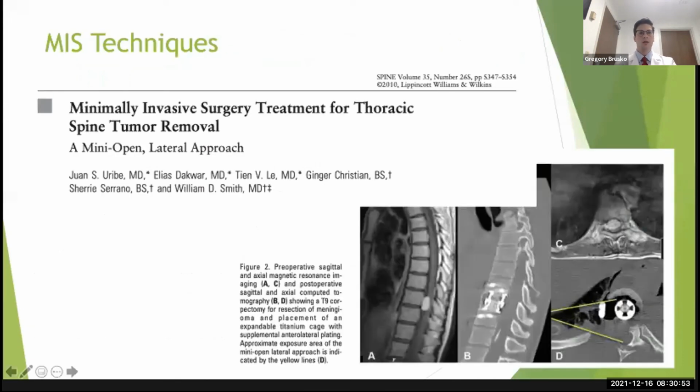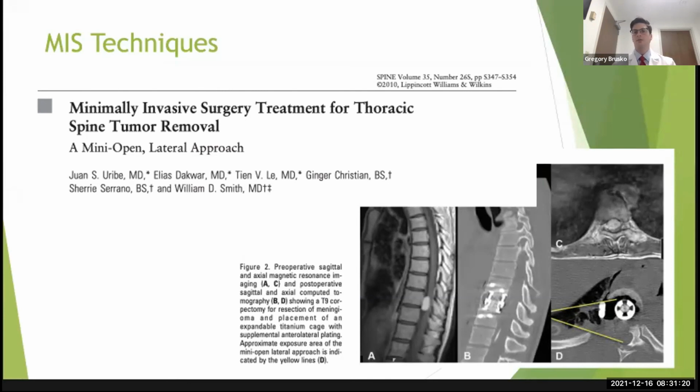And then there are more surgical techniques that have been developed, including minimally invasive surgery. It's become obviously very popular within spine surgery as a whole, and this has translated to the spinal oncology realm. Dr. Uribe has previously published a case series of thoracic spinal cord tumor removals using a single position, mini-open lateral approach, and stabilized the patient without having to flip intraoperatively or reposition.